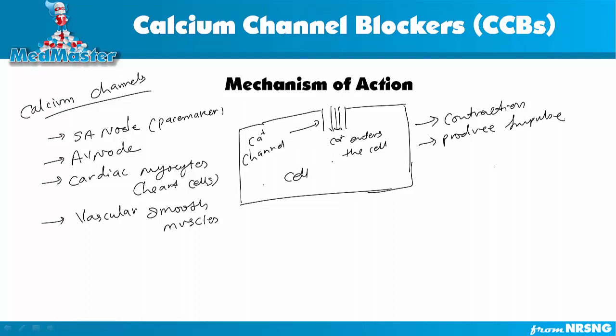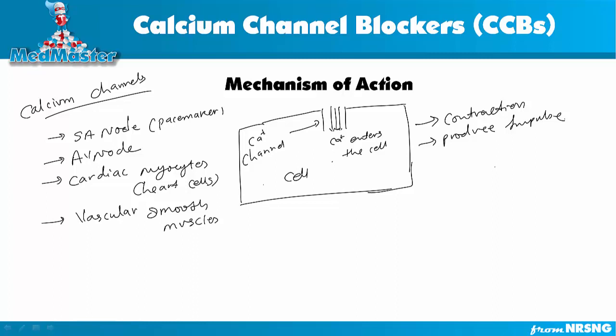There is so much detail about the mechanism of action, such as how the calcium enters and helps in the phosphorylation of the proteins of these heart muscles and vascular smooth muscles. As a nurse, we don't really need to know that detail.